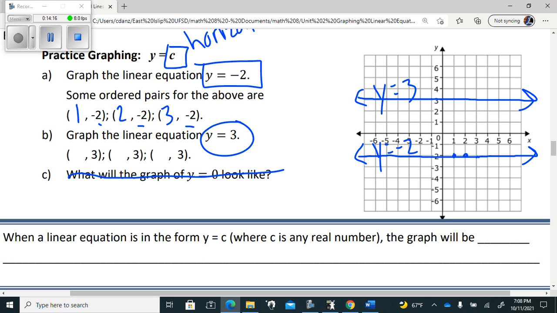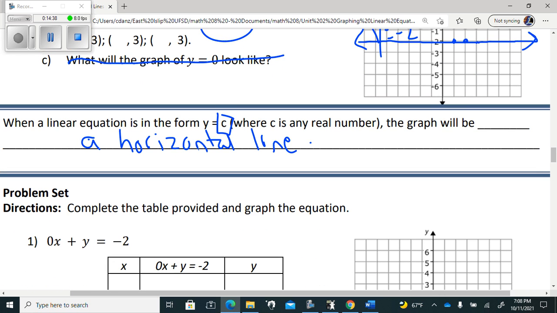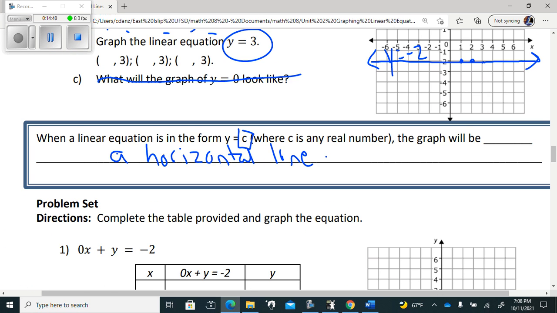So when a linear equation is in the form of y equals some number, the graph will be a horizontal line. And that's that. Really, horizontal and vertical lines are supposed to be the easy lines to graph. So this is where your homework starts.